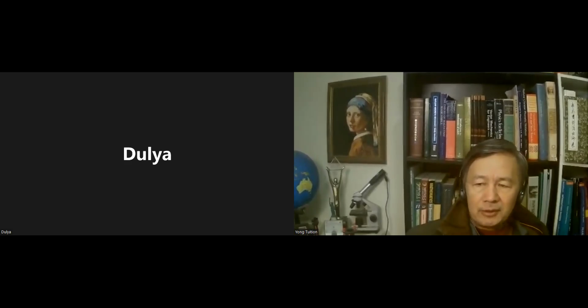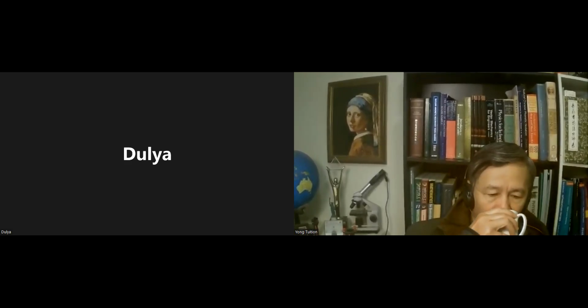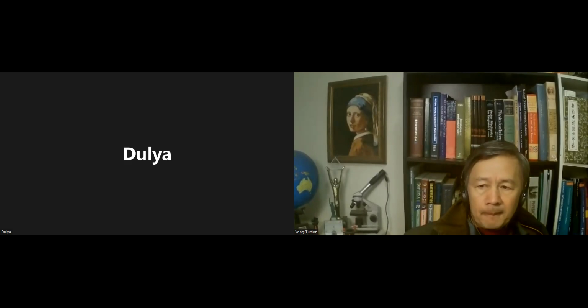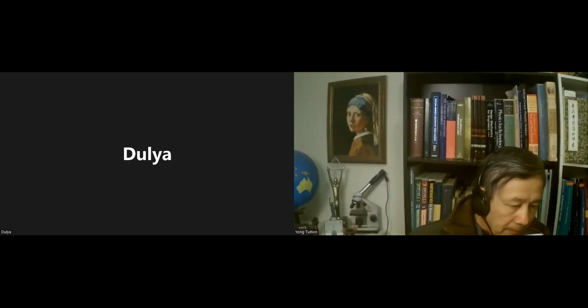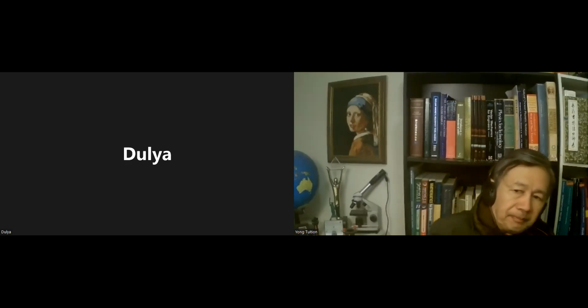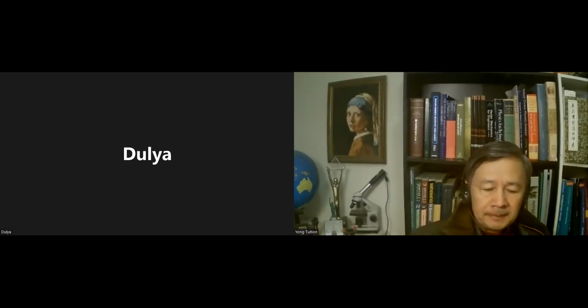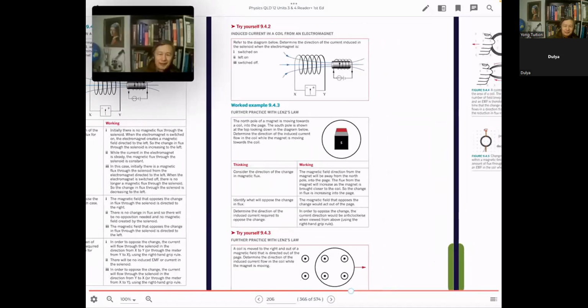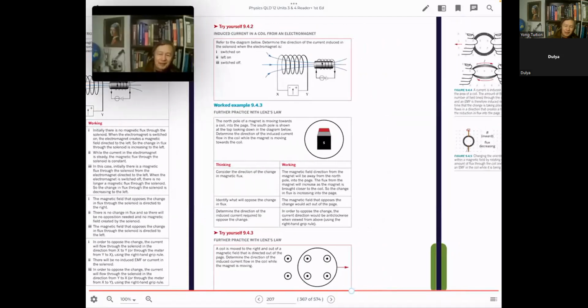At the end of each chapter, they all have exercises. They have similar diagrams. Sometimes it's horizontal, sometimes it's vertical.